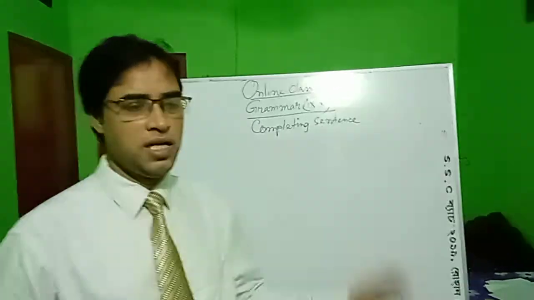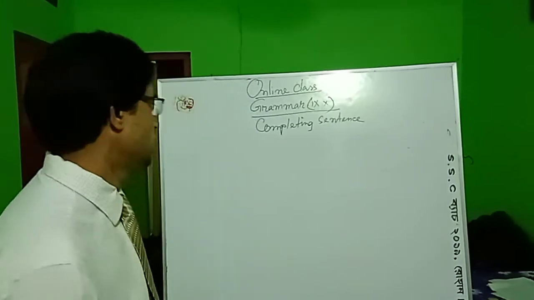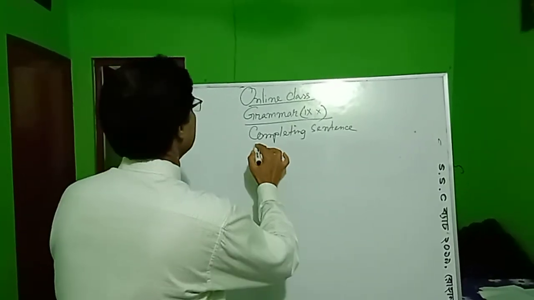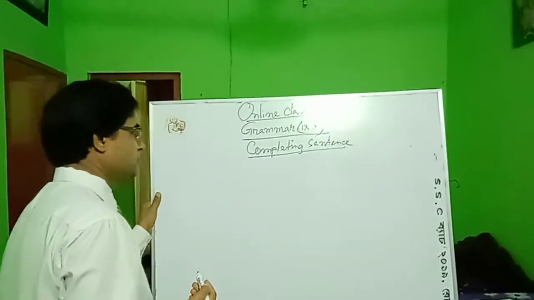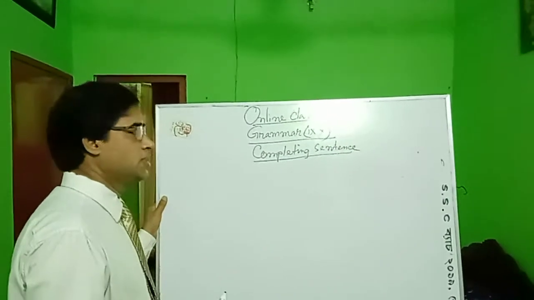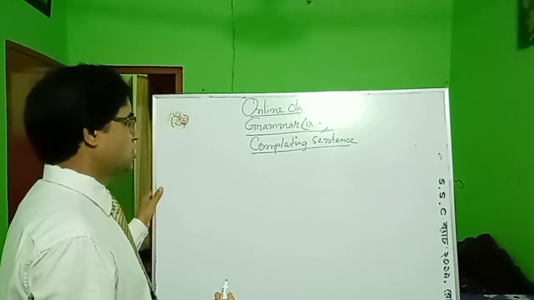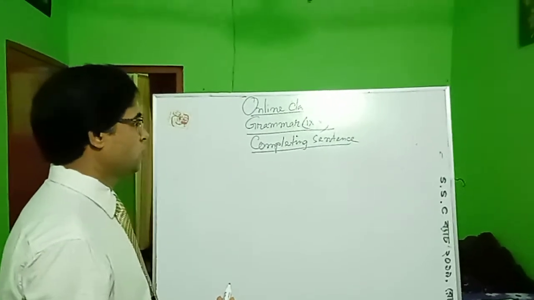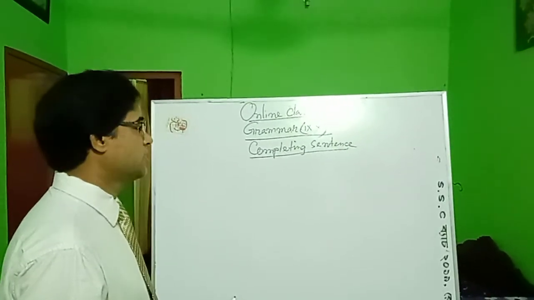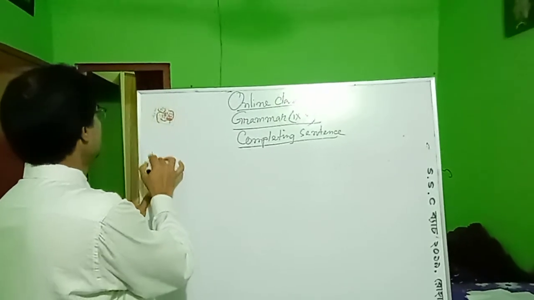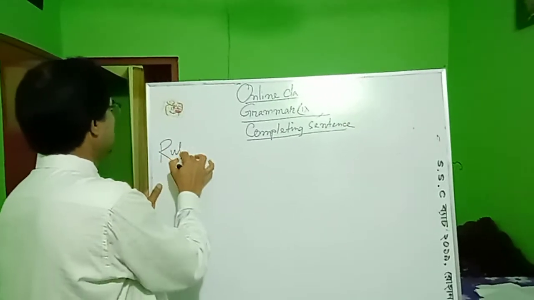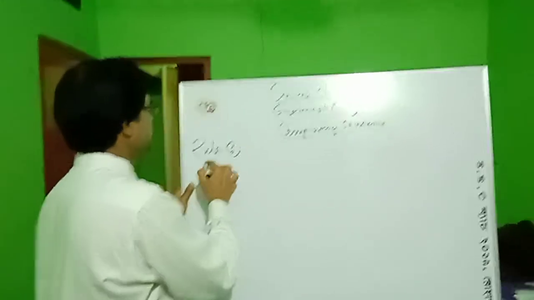Let's start our lesson. Dear learners, today our topic is completed sentence. I have already taught some rules on how to complete the sentence. Today we will learn rule number 6.